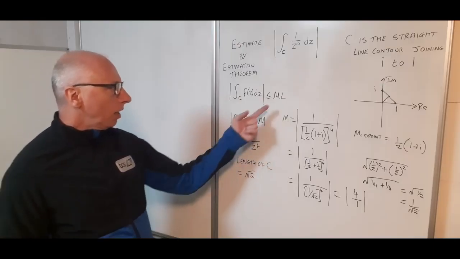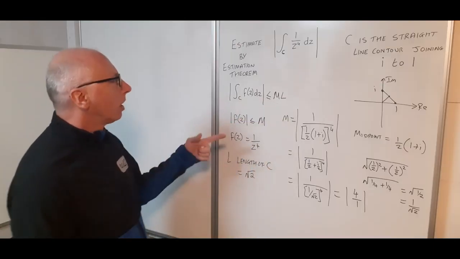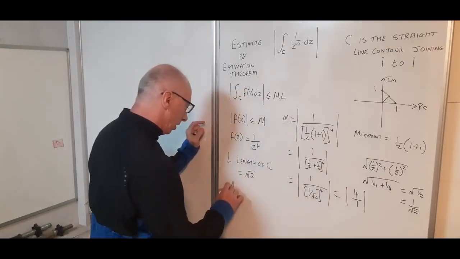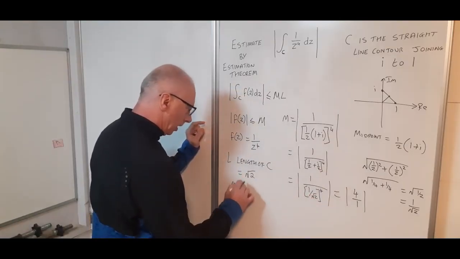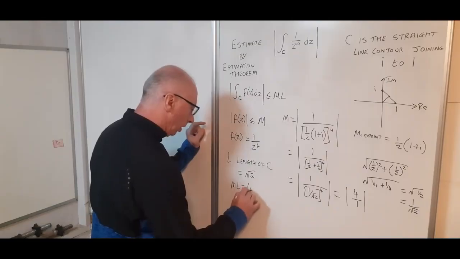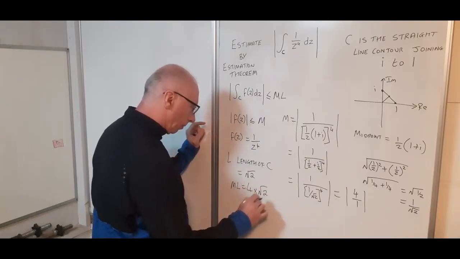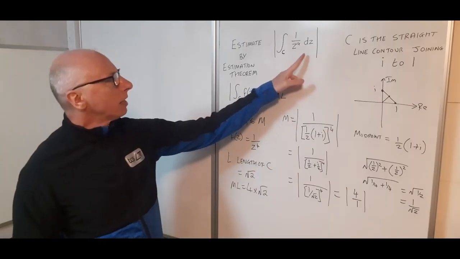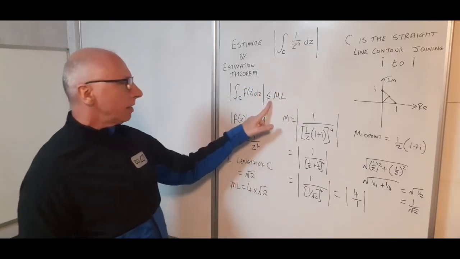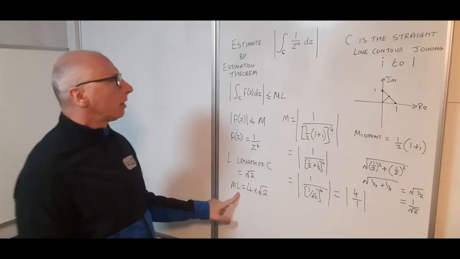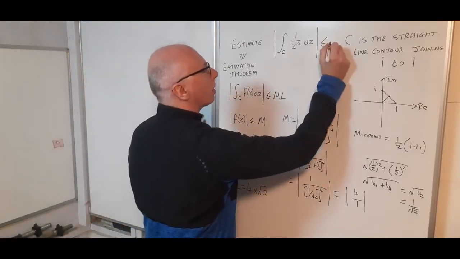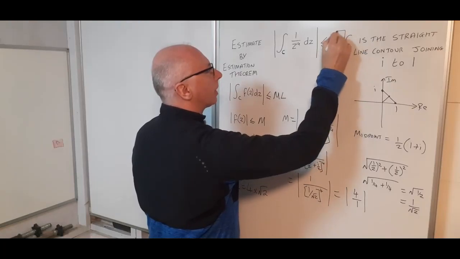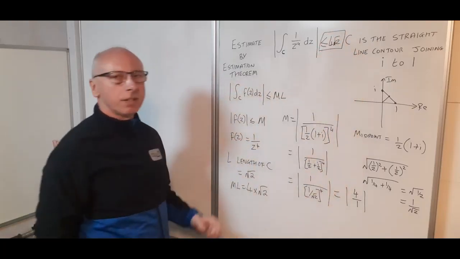Now using our ML inequality, M times L is 4 times root 2, which is just 4 root 2. So in estimating this, the integral is less than or equal to ML, which is 4 root 2. That is going to be our answer.